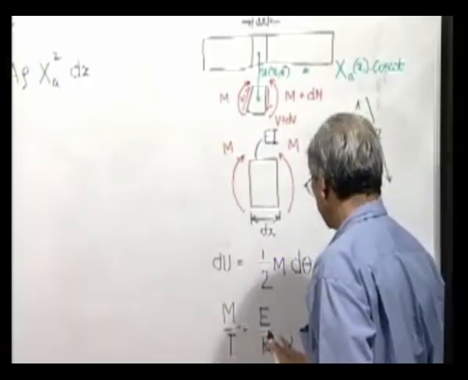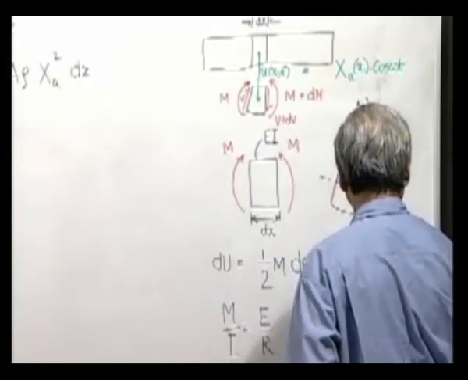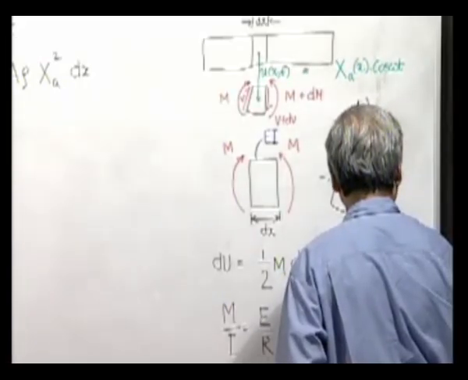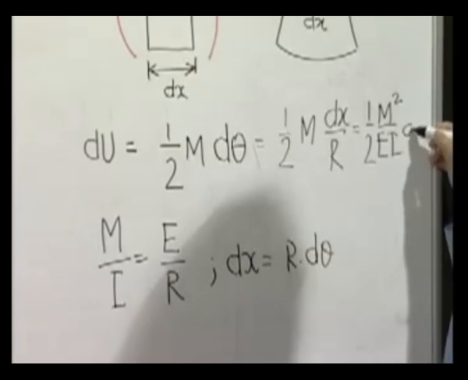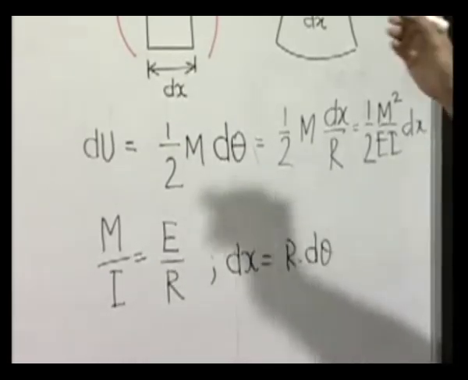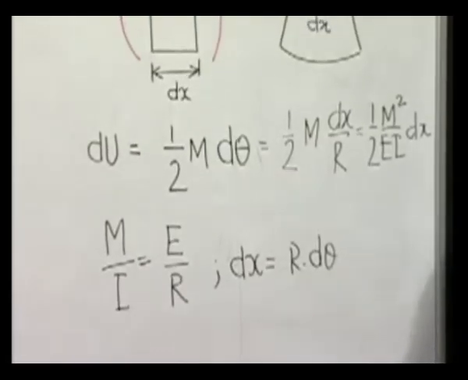Now r is nothing but EI by M, so it becomes half M square by EI into dx. So this has to be now integrated for the whole member, starting from x equal to 0 to L.